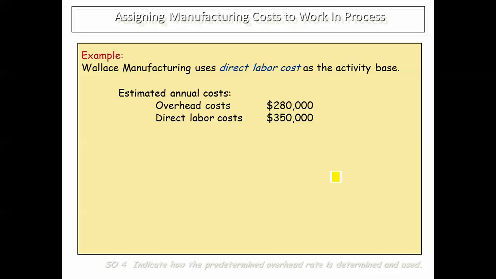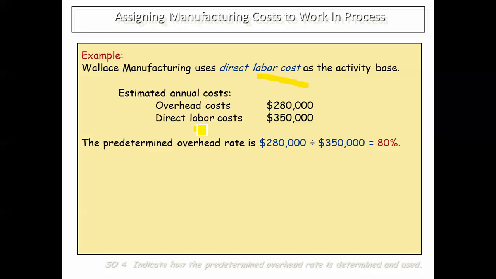Example, direct labor costs. We're going to use costs here. We estimate at the beginning of the year the overhead costs of $280,000 and the direct labor costs of $350,000. So therefore, the predetermined overhead rate is the total overhead cost, $280,000, divided by the activity base of $350,000, which is 80%.